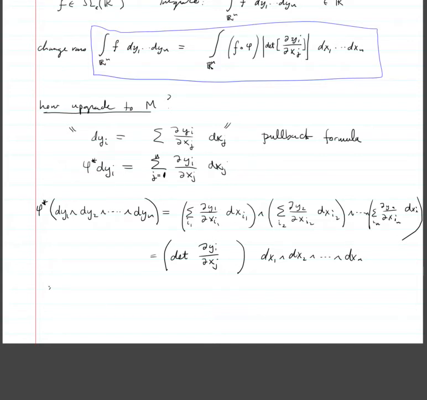This is a general important fact about the exterior algebra.